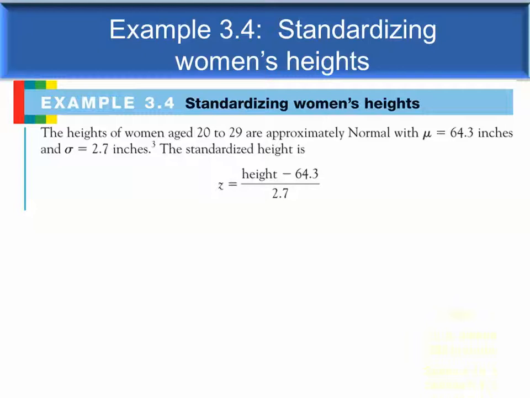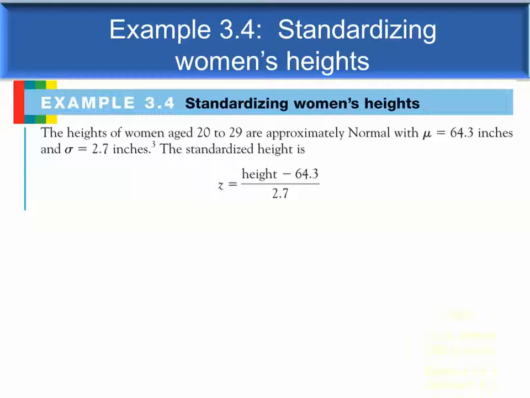Filling that in for this example, we look at a particular person's height, subtract the mean of 64.3 inches, and divide by the standard deviation of 2.7 inches. All of our units cancel out here: inches minus inches equals inches, and inches divided by inches cancel out. A z-score doesn't have any units of measure.